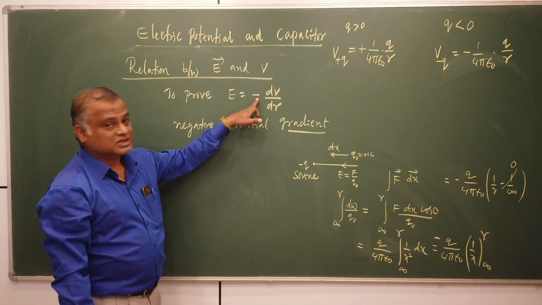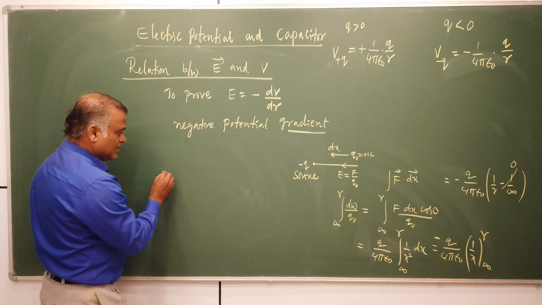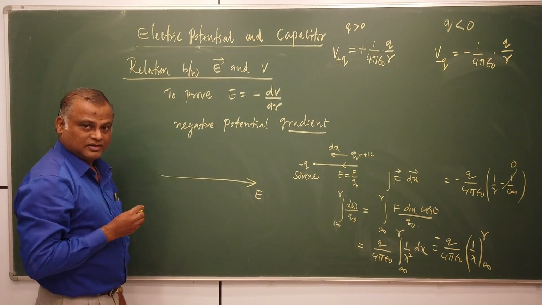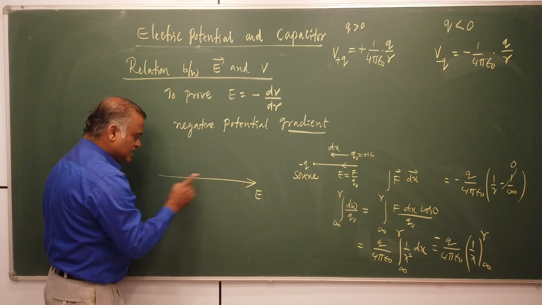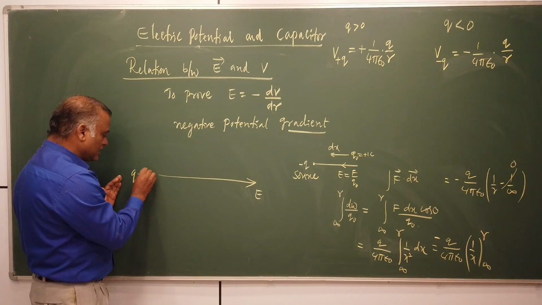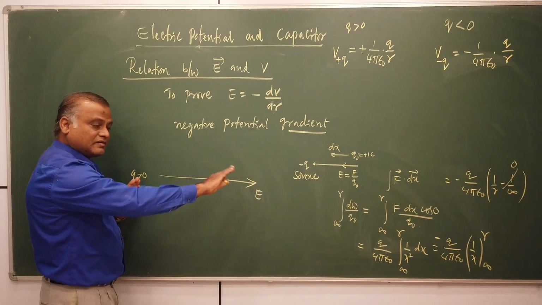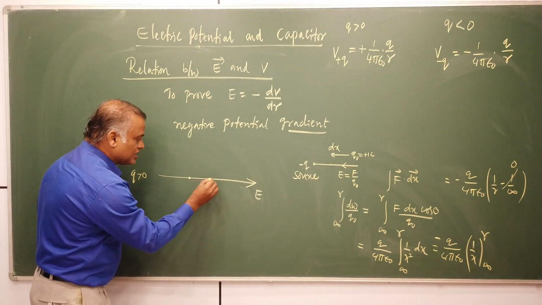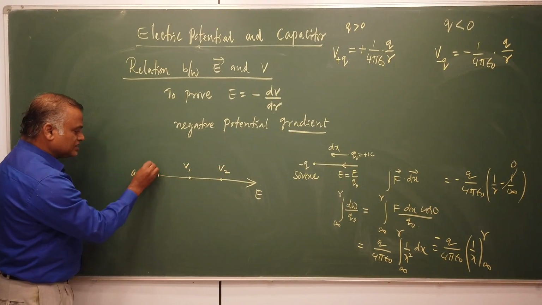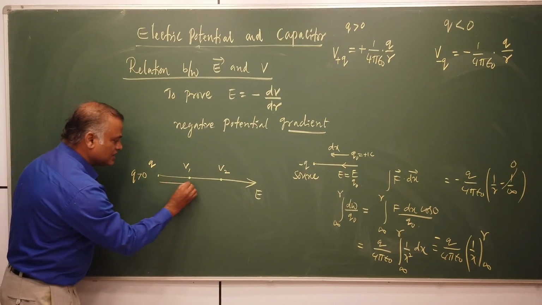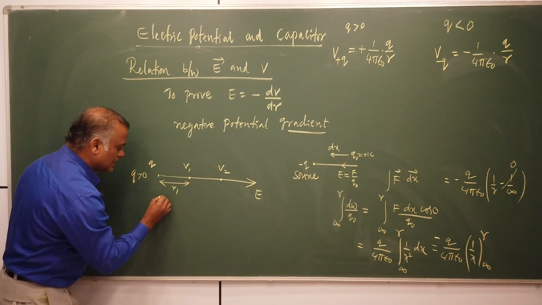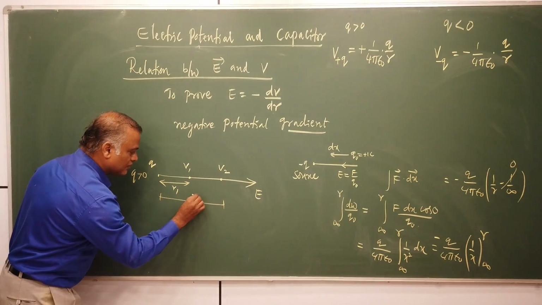And this negative sign also shows that whenever you go along the direction of electric field, so let us say electric field direction is right side. Because of positive charge, say if I take q greater than 0, field lines are away from the charge. If I choose some points here, say V1 and V2, from the point charge q, how far it is? R1. Here to here, let us say this distance is R2 now.